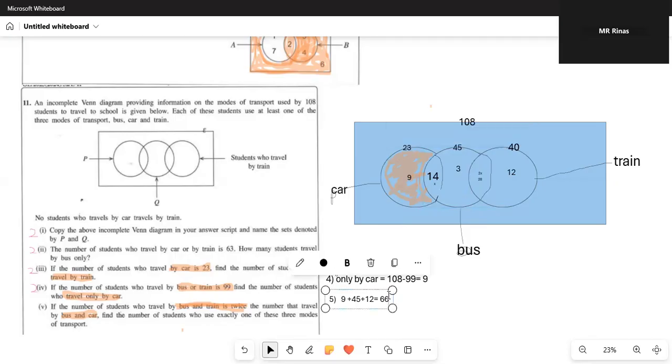So how many students? 24 use exactly one mode. Okay, thank you.